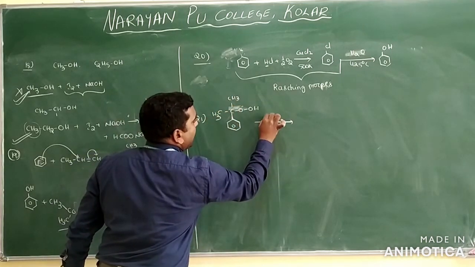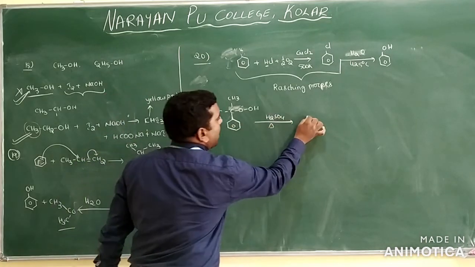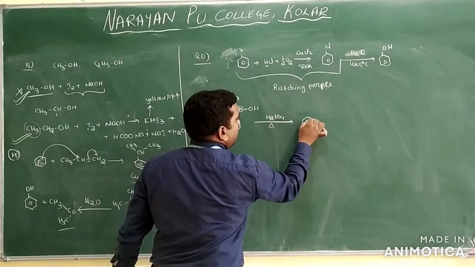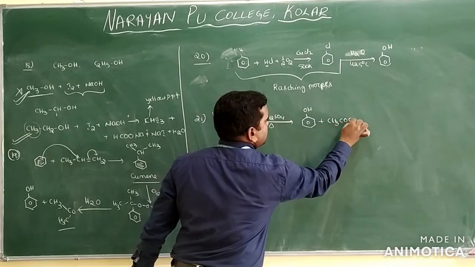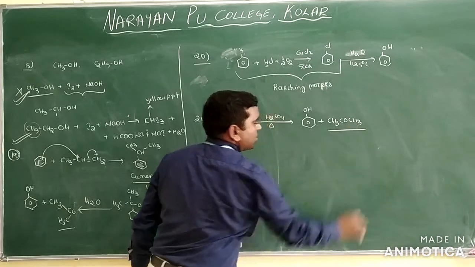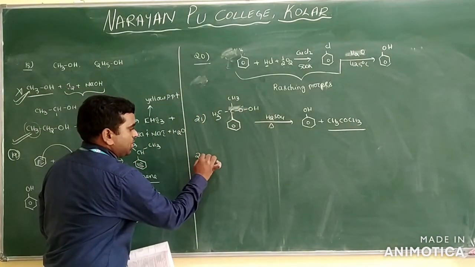If you hydrolyze it in acidic medium and heat it, you will get phenol plus acetone, CH3COCH3. The main product is phenol. So option 1 is your answer.